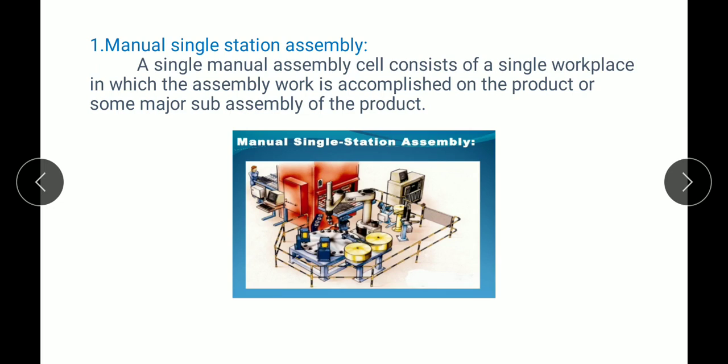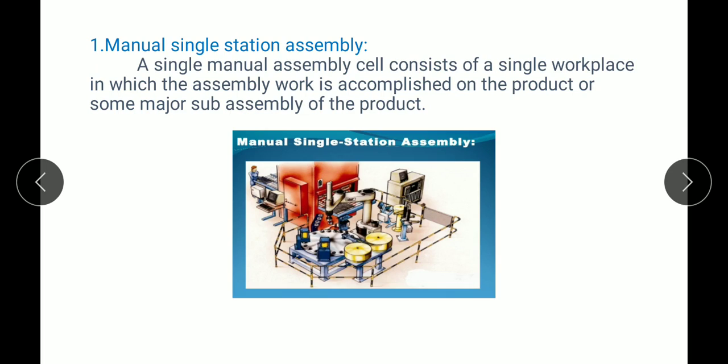Here a single manual assembly cell consists of a single workplace in which the assembly work is accomplished on the product or some of the major sub-assembly products. The assembly of the components is in one place, and one or more workers do the work in this section.